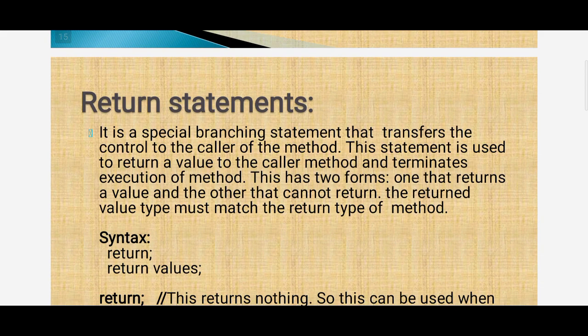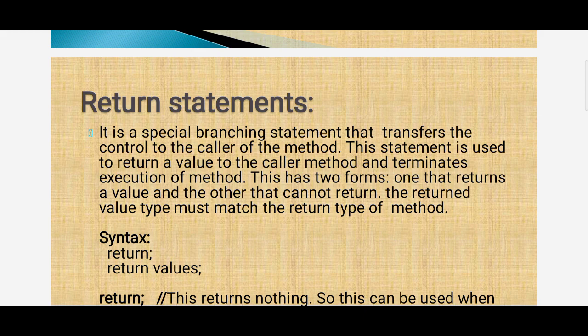The return statement. It is a special branching statement that transfers control to the caller of the method. This statement is used to return a value to the caller method and terminates execution of the method. It has two forms, one that returns a value and the other that does not.